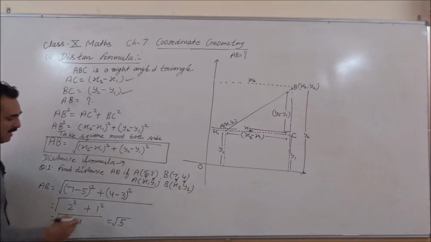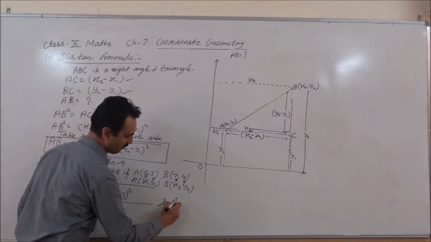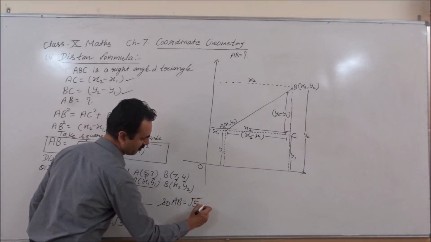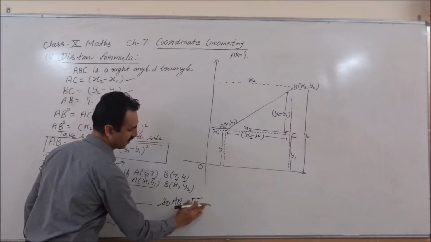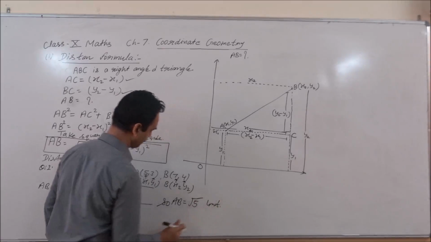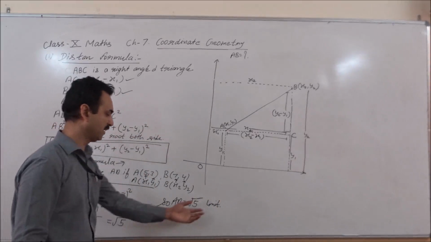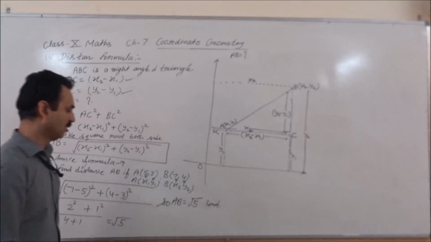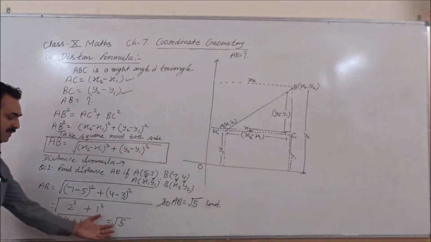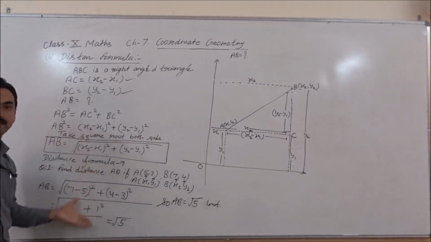So distance AB equals root 5 units. You can write units here because we don't know what the unit is, since we only get coordinates. So AB is root 5. Okay, so this is the distance.